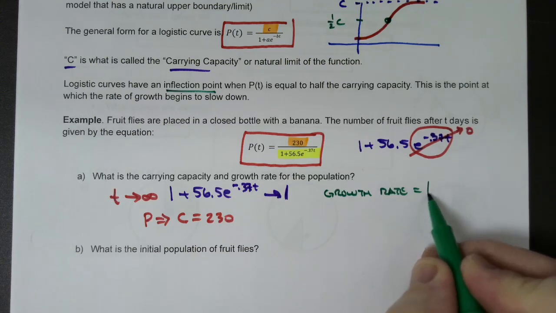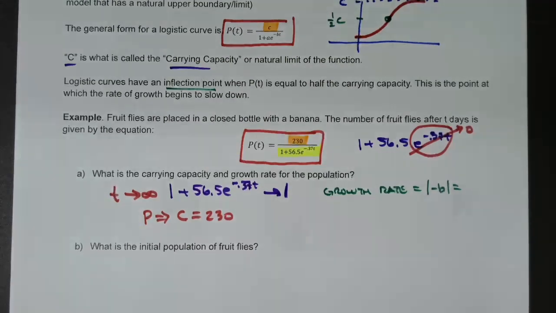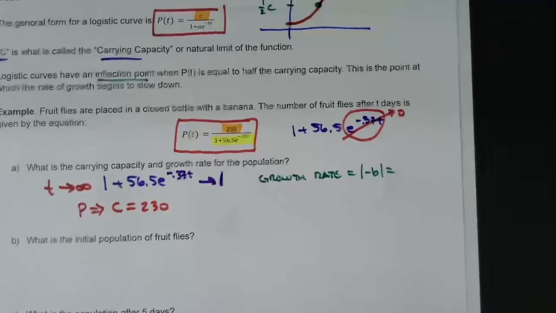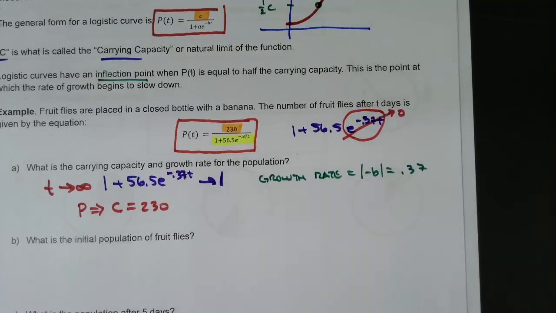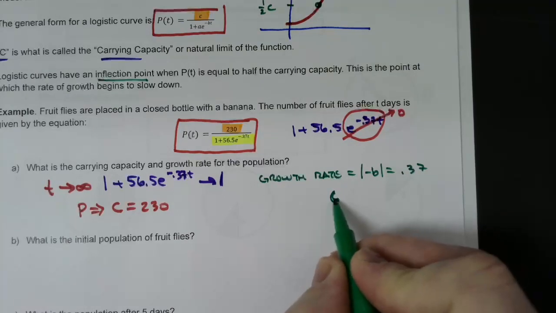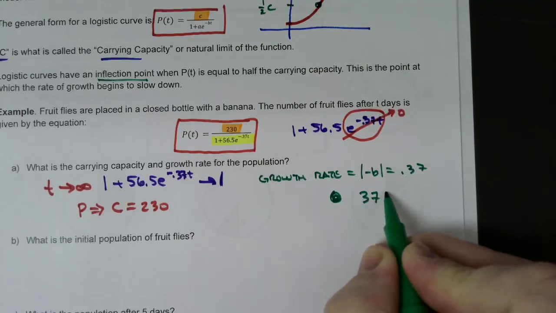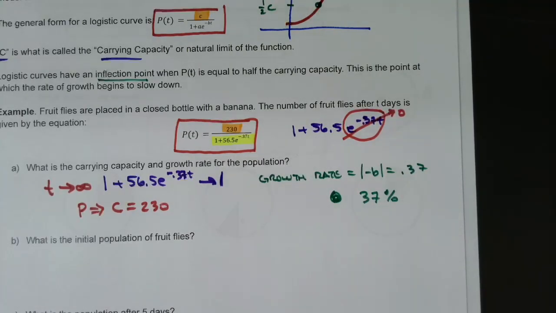And we can say the absolute value of this since it's growing. And of course that is a negative 0.37, or a growth rate of 0.37, or 37%.